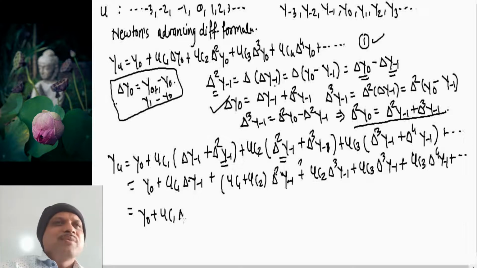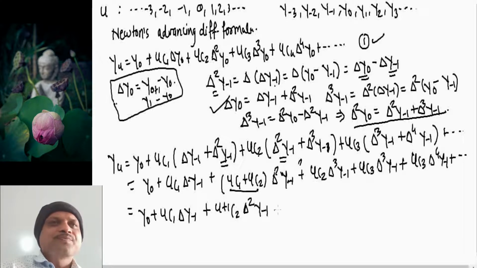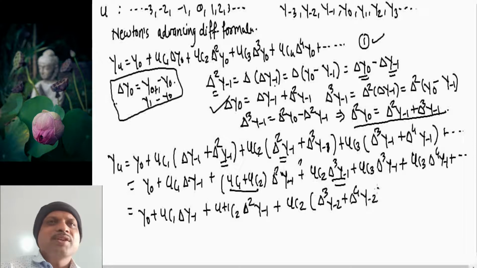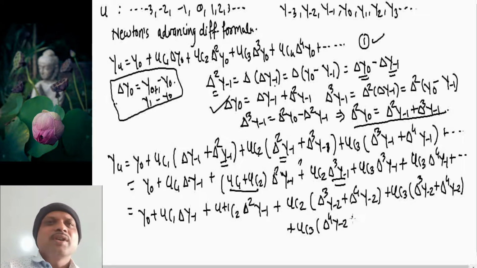Equal to y0 plus uC1 delta y at minus 1 plus (u+1)C2 delta square y at minus 1 plus uC2, where we put the value of delta cube y at minus 1 as delta cube y at minus 2 plus delta raised to 4 y at minus 2, plus uC3 delta cube y at minus 2 plus delta raised to 4 y at minus 2, plus uC3 delta raised to 4 y at minus 2 plus delta raised to 5 y at minus 2, and so on.